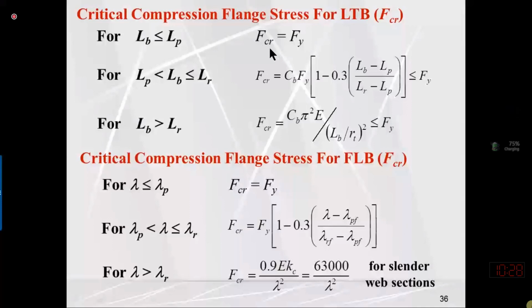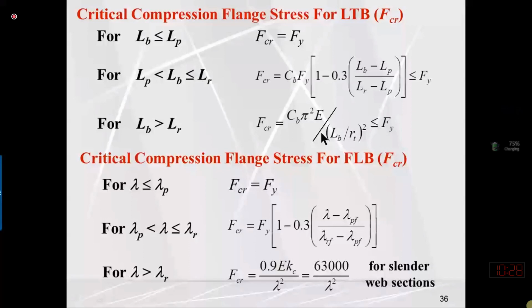If LB is less than LP, then the FCR value will be equal to Fy. If our unbraced length is more than LP but less than LR, then we need to determine the FCR value by using this expression. And if LB is more than LR, then we have to use this expression.